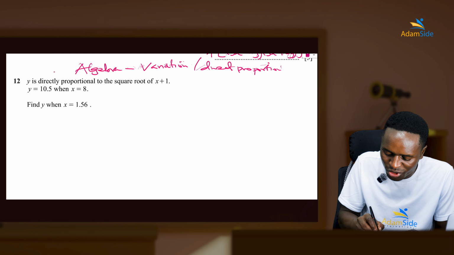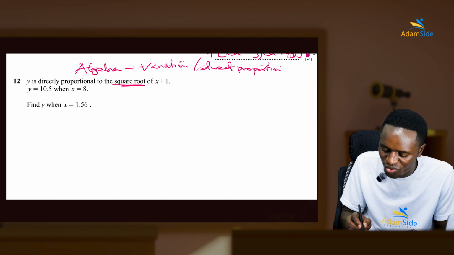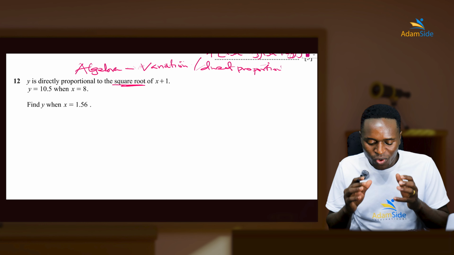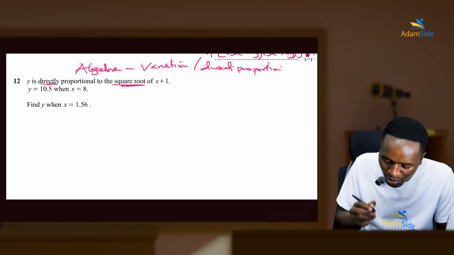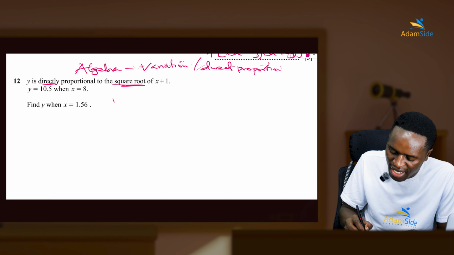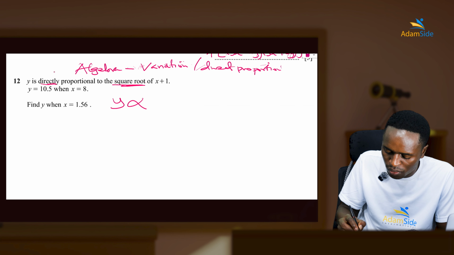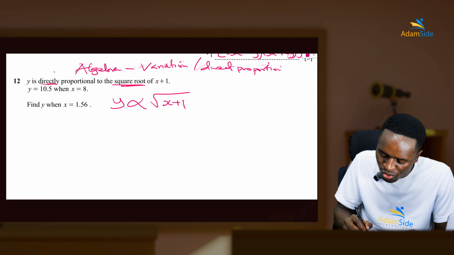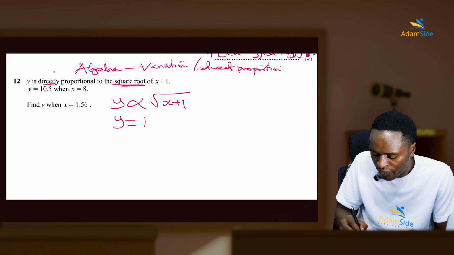Y is directly proportional to the square root of x plus 1. This is where the terminology is, the examiner's trick. We cannot say this is equal. Introduce constant k. Y is equal to k square root of x plus 1.